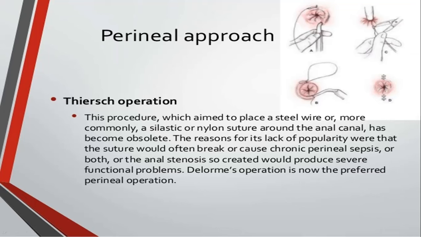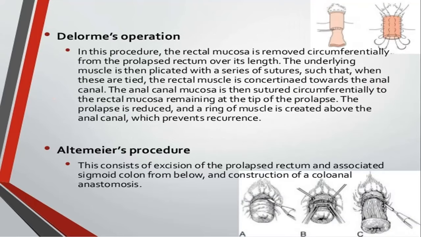The suturing basically places a knot in the upper and lower zone, and they tie it and narrow the anal canal. So it has now become obsolete, due to lack of popularity, and it can cause perineal sepsis and anal stenosis. The Thiersch operation is obsolete, and Delorme's operation is now preferred for the perineal approach.